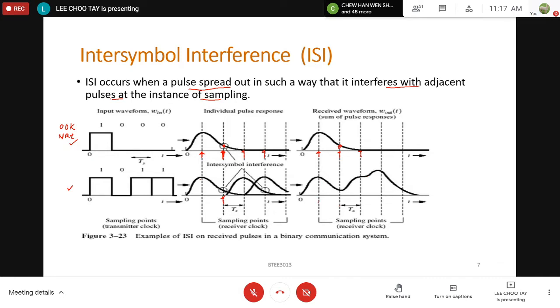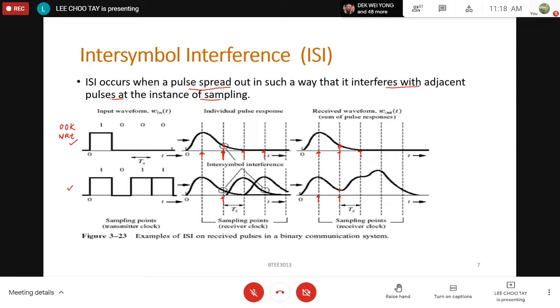At the instant of sampling, the first one is no problem because the amplitude is quite high, so it will be correctly interpreted as 1. But the second sample is supposed to be a 0, where we are supposed to sample a 0 amplitude over here, but because of intersymbol interference, you can see the amplitude is not 0.